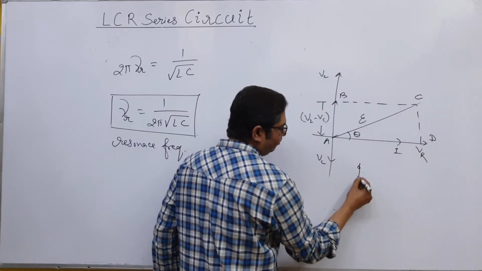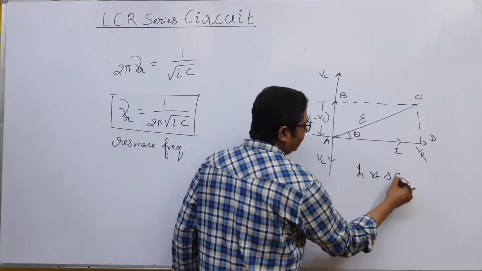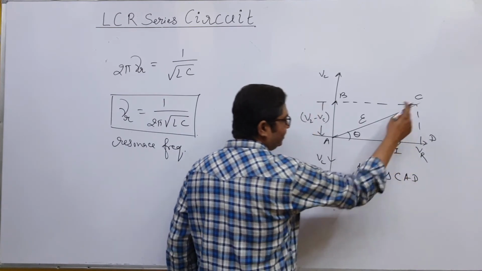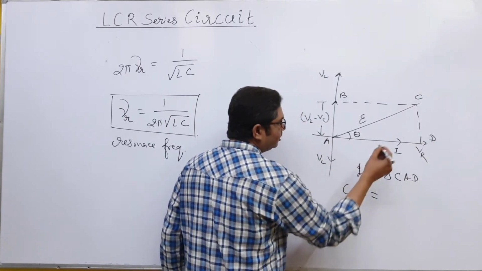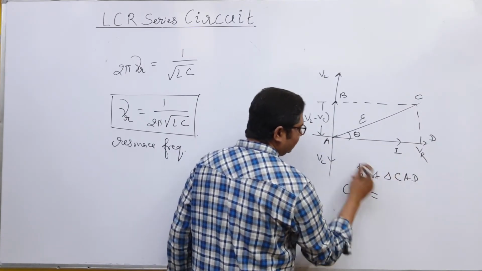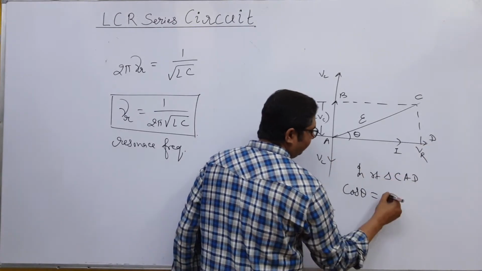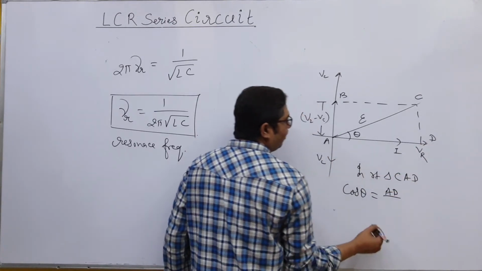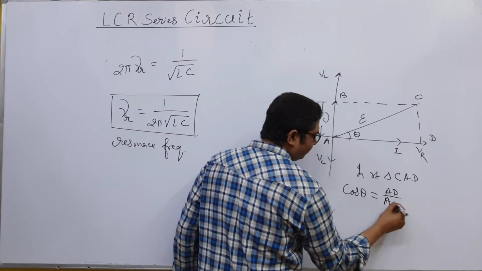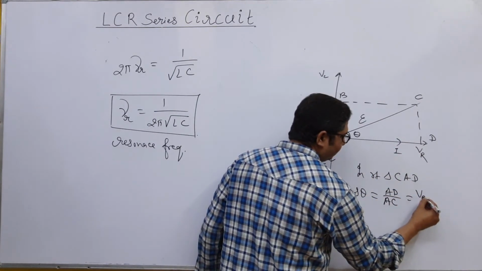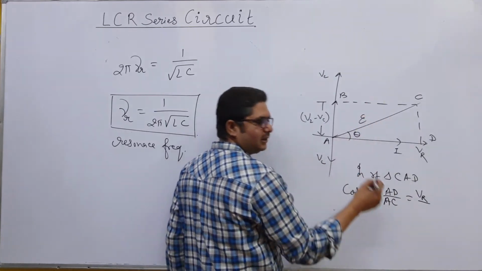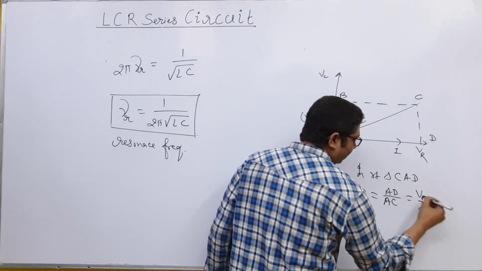So now in right triangle CAD, if you take cos theta, then cos theta is equal to base, that is AD, by hypotenuse AC. Put the value of AD as VR, and the value of AC as E. What is VR?